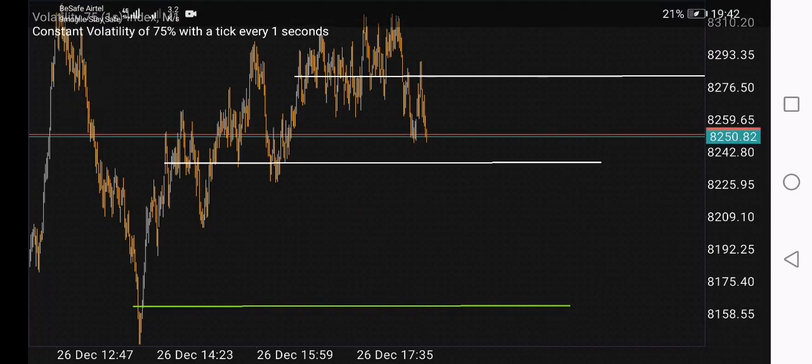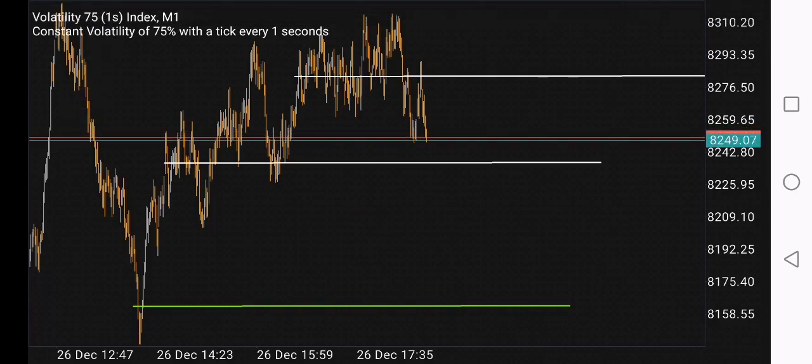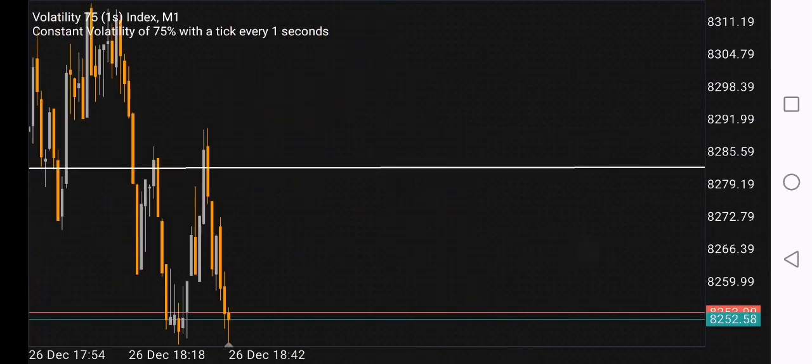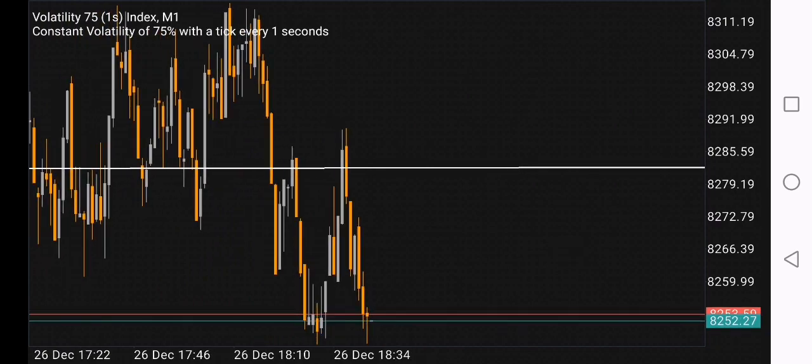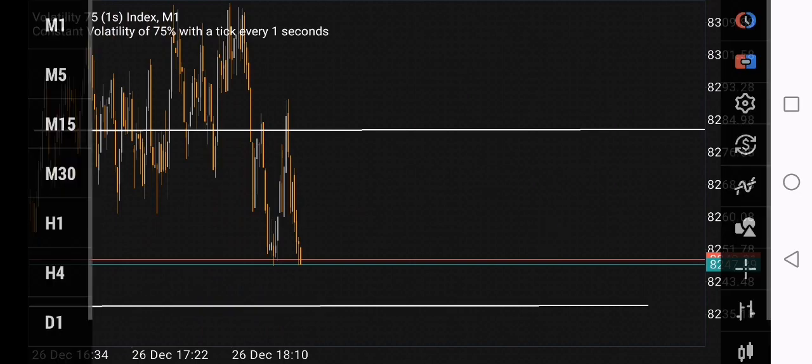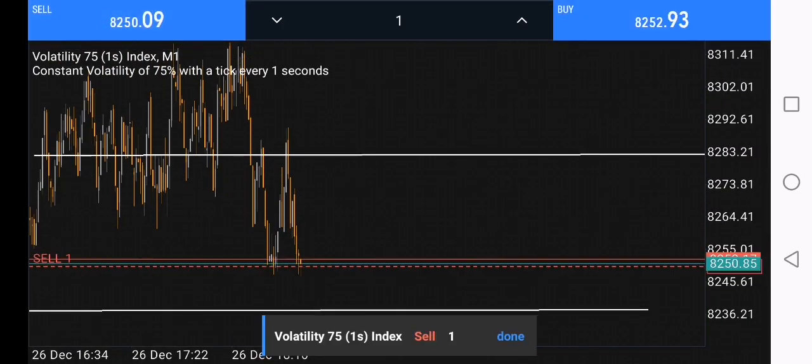I do not recommend trading synthetic indices. The reason for that is because the leverage is highly not regulated. So if you're doing that, you are risking not just your money. Okay, this is the example.